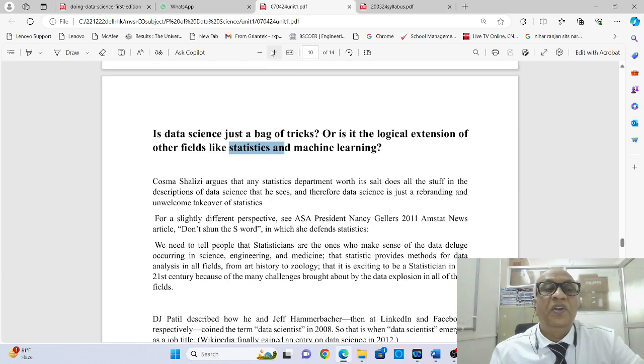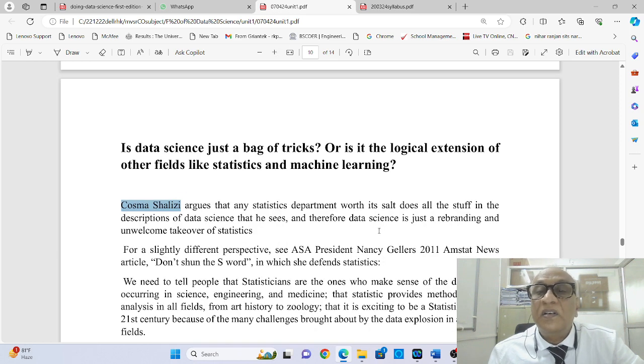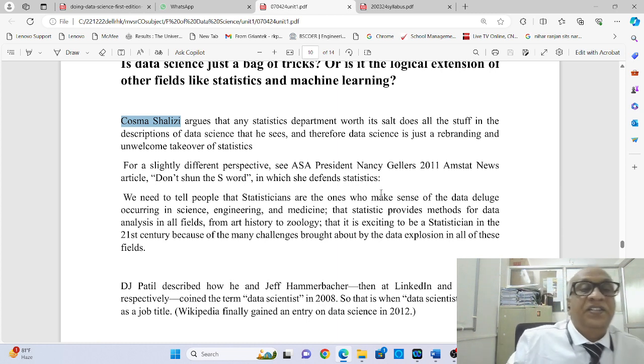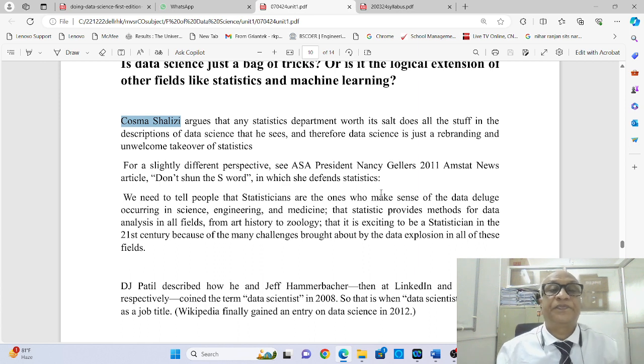Say for example, you have a very well-known researcher, Cosma Shalizi, who argues that the statistics department does all the stuff of data science, and therefore data science is just a rebranding and takeover of statistics. So he firmly believes that data science has taken over statistics, kind of identity theft.